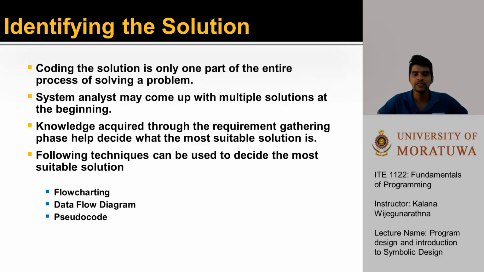The first thing to be noted about designing a system is that initially the system analyst may come up with more than one solution. But there can be only one final product or solution. In-depth analysis of data gathered during the requirement gathering phase can help in coming to a unique solution.